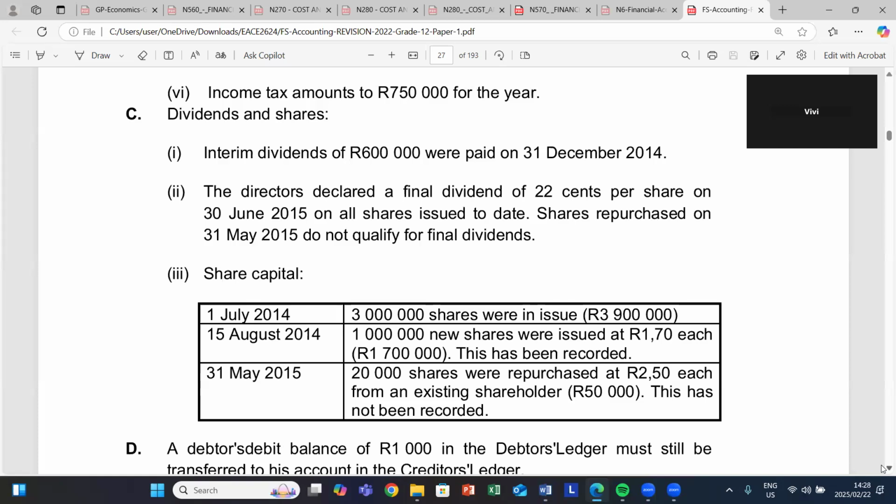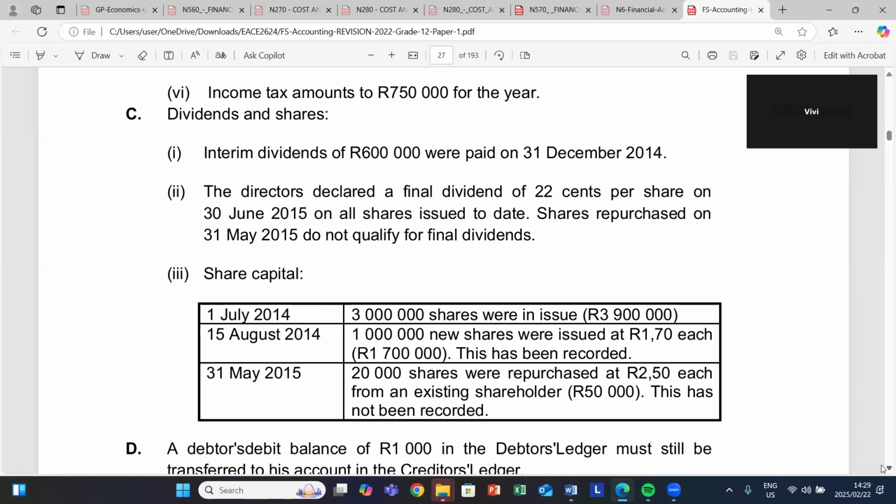How did you calculate your final dividends there? Because surely you managed to calculate it. What I did is, because of how I understood the transaction, the repurchase on the 31st of May does not qualify for the final dividends.